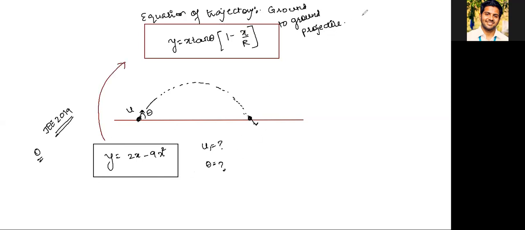Try doing this. So we will have y is equal to 2x minus 9x square. Let's take 2x common. So we will have 1 minus 9x square upon 2x.